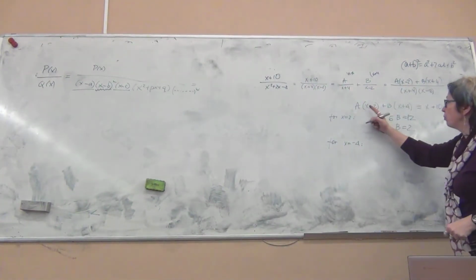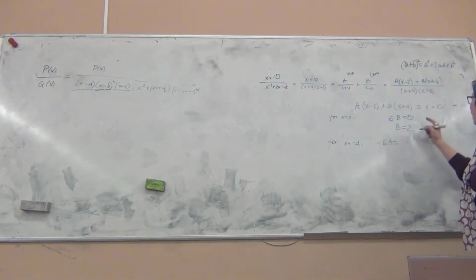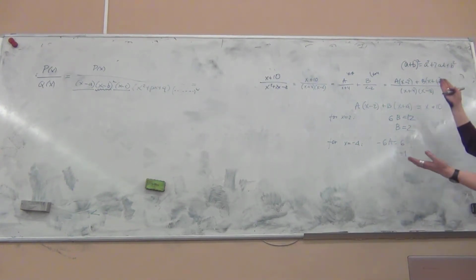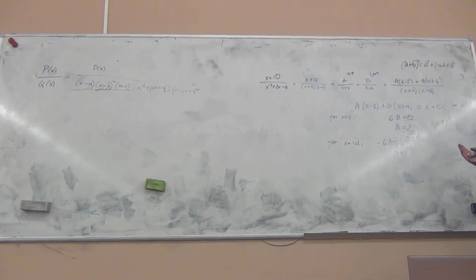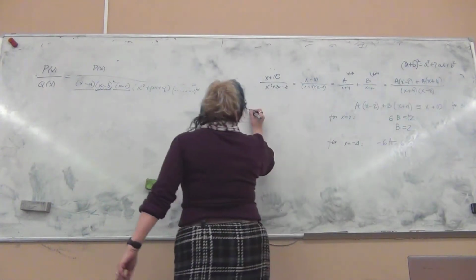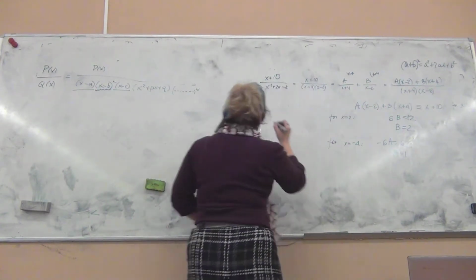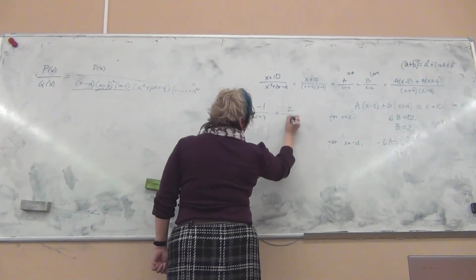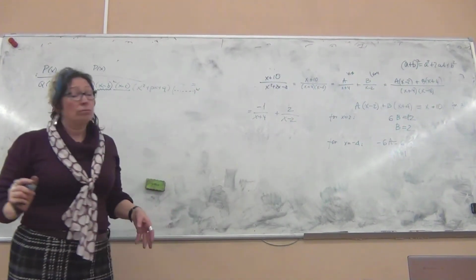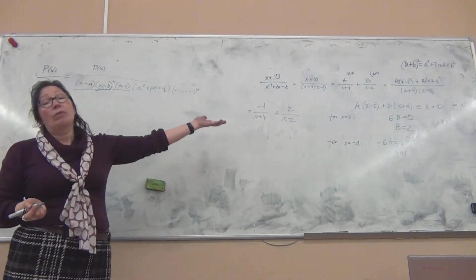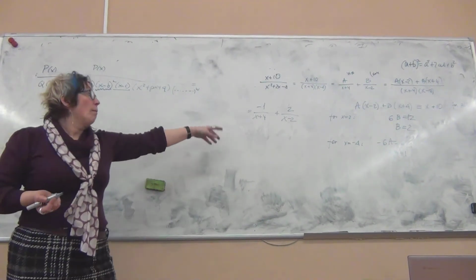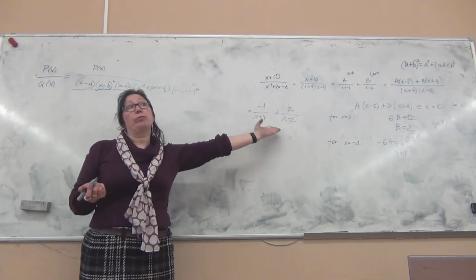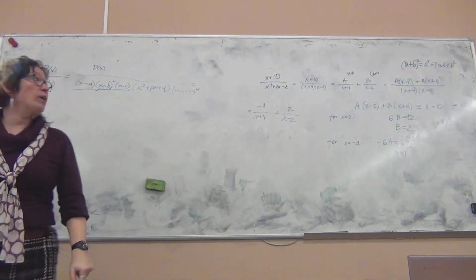And we have minus 4 minus 2 is minus 6, so minus 6a equals minus 4 plus 10, which is 6. So a is minus 1. And there you go. So this fraction now is minus 1 over x plus 4, plus 2 over x minus 2. If I need to integrate, I integrate these: minus logarithm of x plus 4, plus 2 logarithm of x minus 2. The integral will be easy.